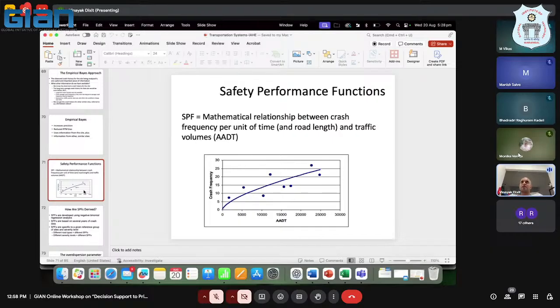The biggest problem is getting access to crash data. And I think there is a database now called RADS. There's a crash database which is managed by the NHAI, and NHAI is managing the crash database now.